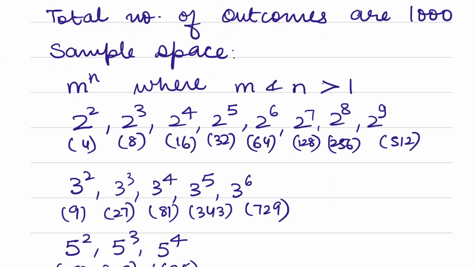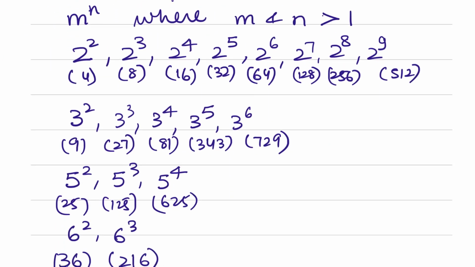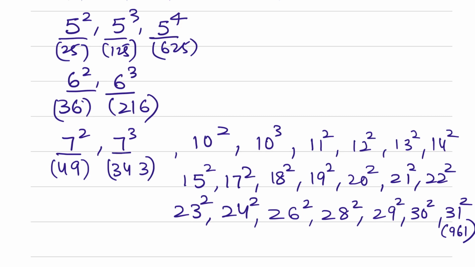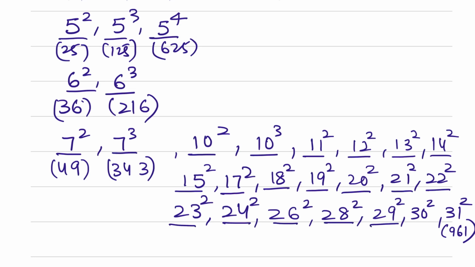Now let's count the number of favorable outcomes. So we have 1, 2, 3, 4, 5, 6, 7, 8, 9, 10, 11, 12, 13, 14, 15, 16, 17, 18, 19, 20, 21, 22, 23, 24, 25, 26, 27, 28, 29, 30, 31, 32, 33, 34, 35, 36, 37, 38, 39, 40.